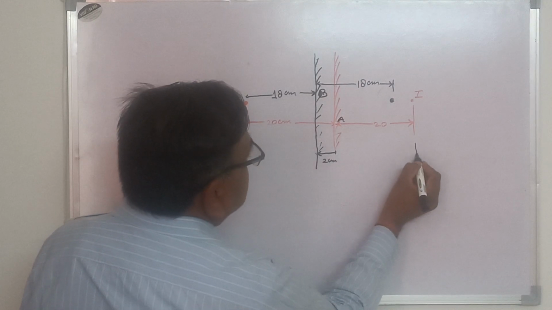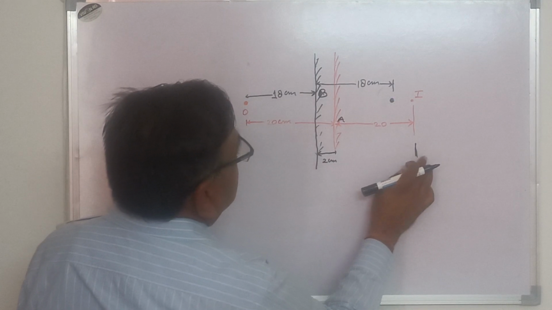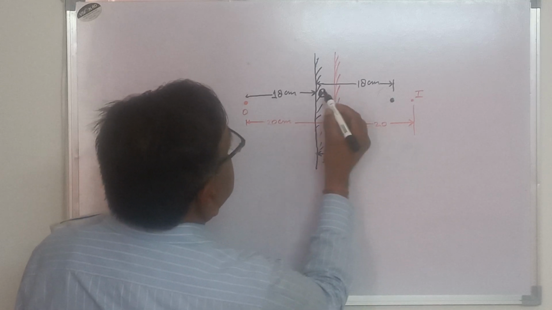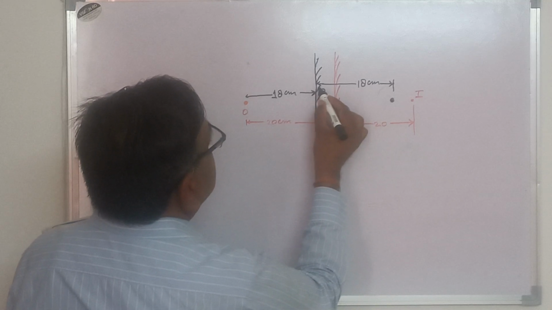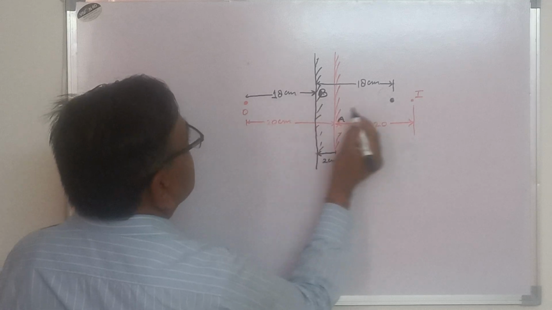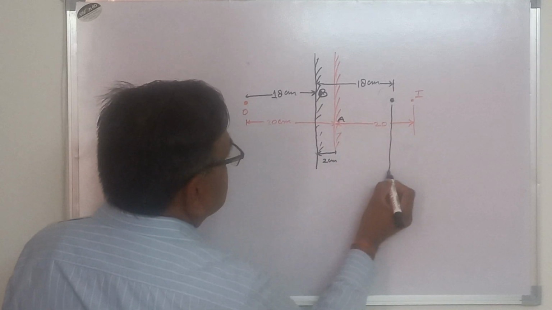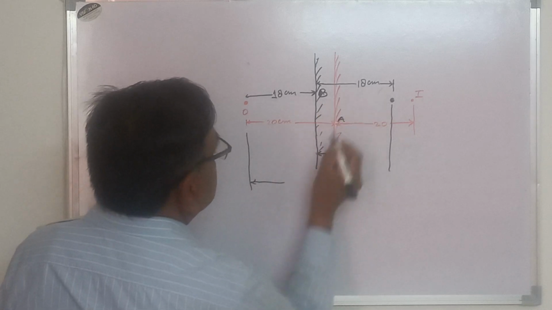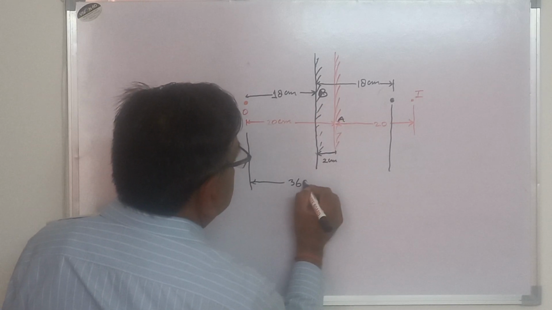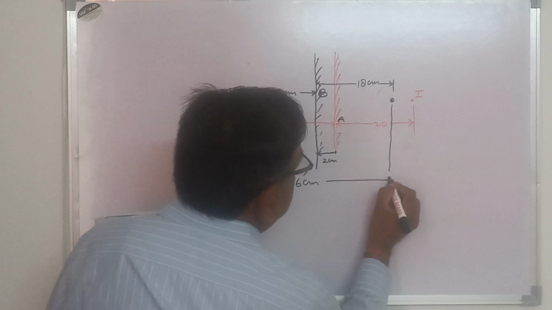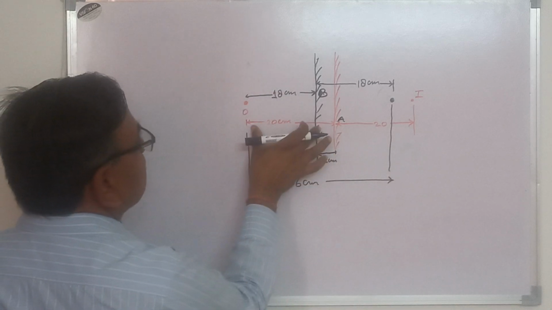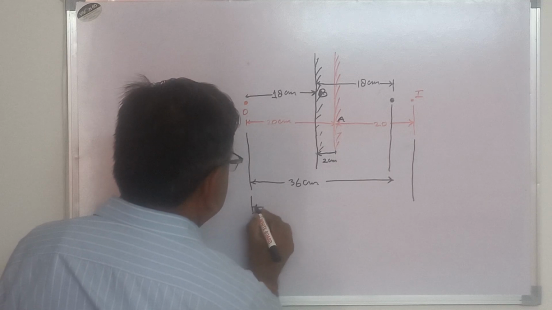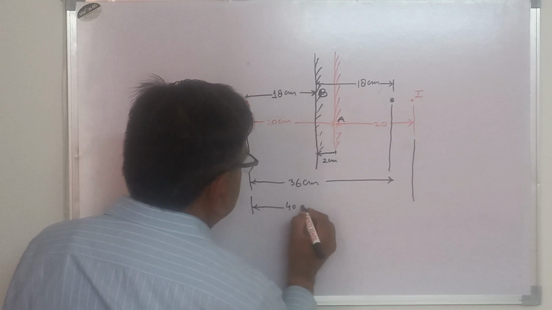So this total distance, now this is 18 centimeter from here and 18 here. So total distance this is 18, 36 centimeter, and this 20, 20, this is 40 centimeter.